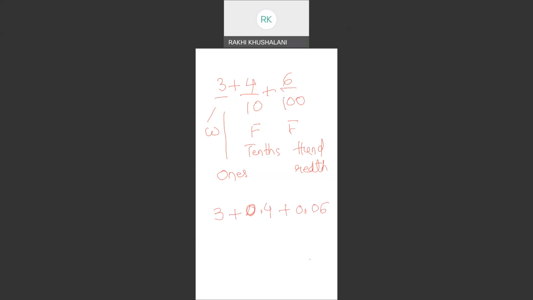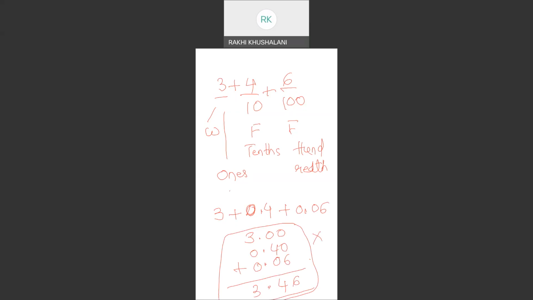Now, you just follow the rule of addition. Or actually, if you have practiced well enough, you really don't need this part also. You just write 6, 4, and here 3. So your decimal becomes 3.46. This portion आपको करने की actually जरूरत नहीं है.